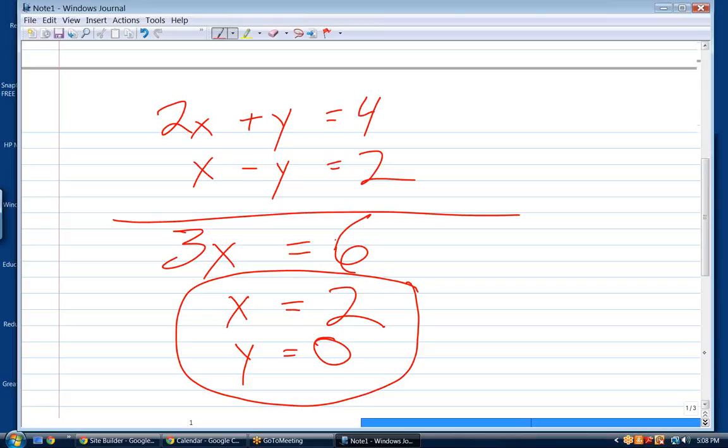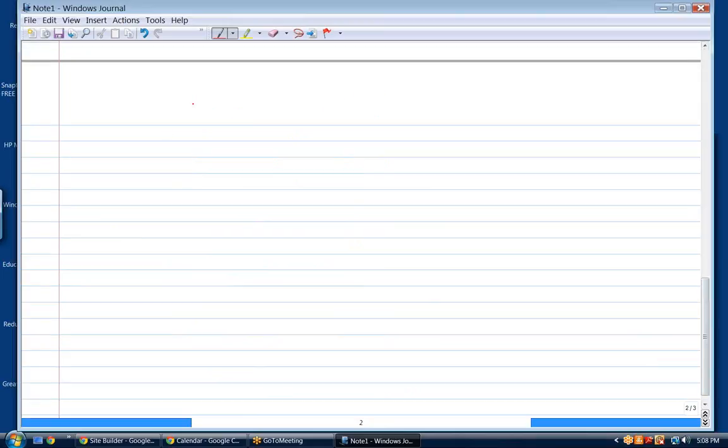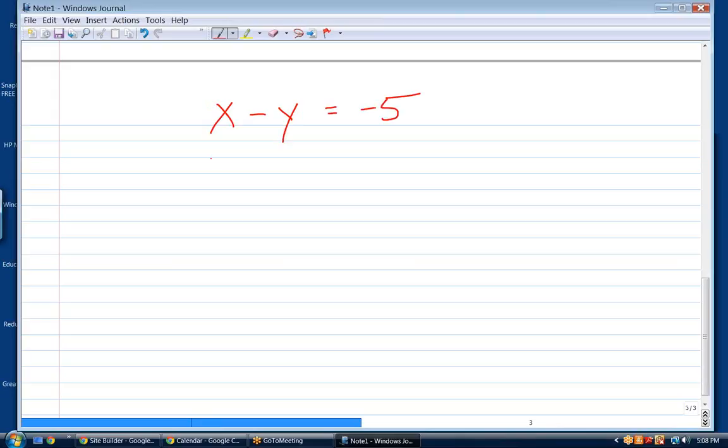Okay, the next one. Let's do another one and see if you can do this one this time. x minus y equals -5. Then x plus 2y equals 4.